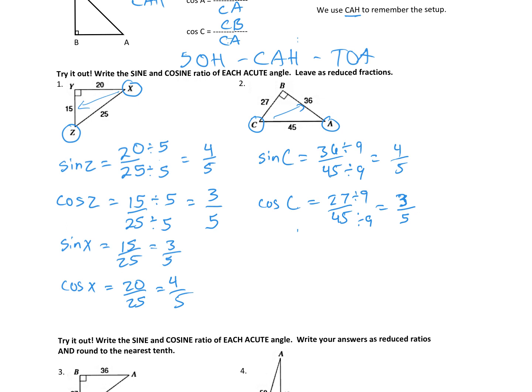Now sine of A, which is 27 over 45. We've already reduced that. That's 3 over 5. And my cosine of A is adjacent over hypotenuse. Adjacent is 36 over 45. We've already reduced that, and that is 4 out of 5.